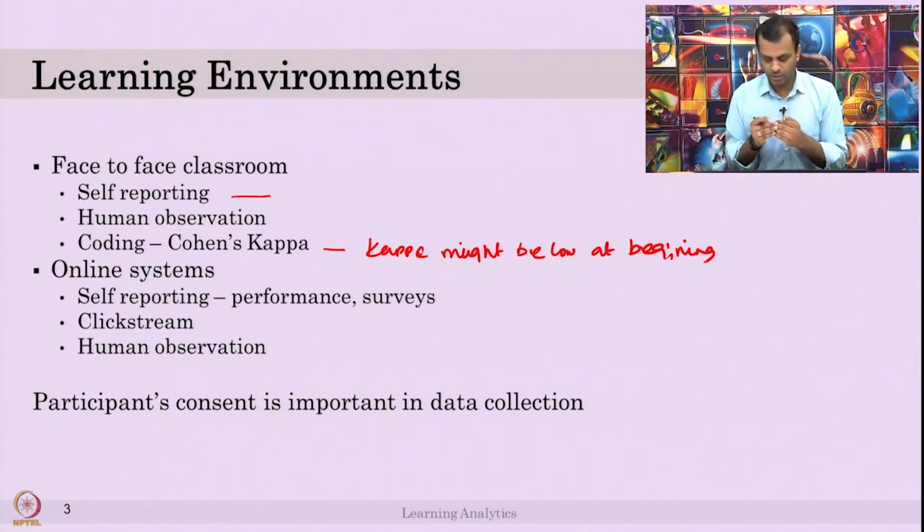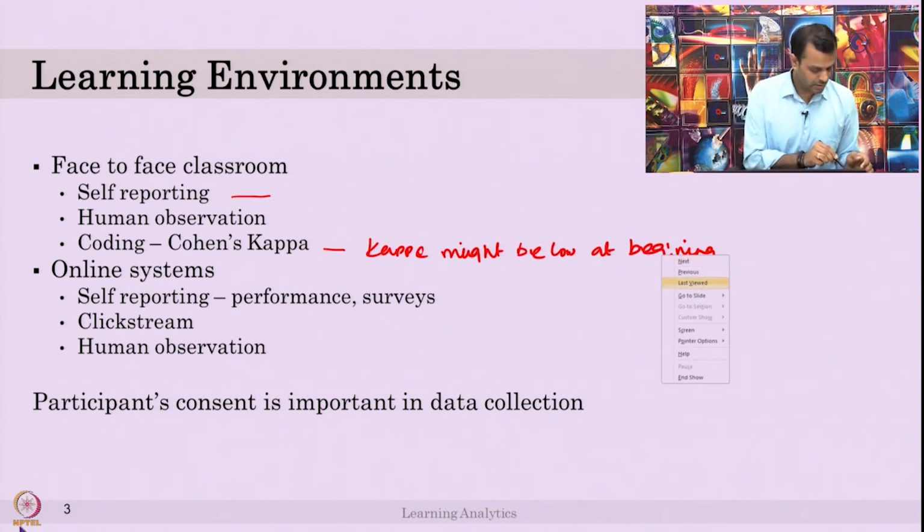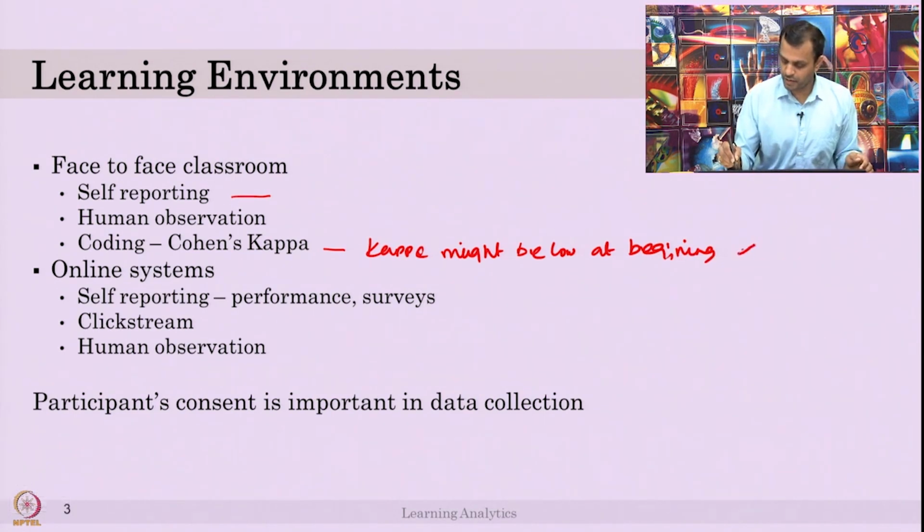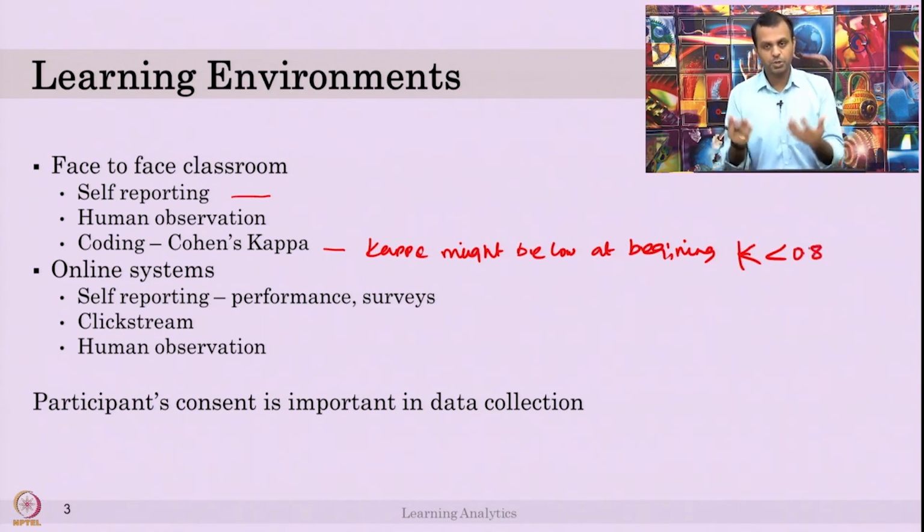If the kappa is less than say 0.8, discuss with the other observer where the mistakes were made, why he thought it was not engagement and you thought it was engagement, and why the other observer thought it was engaged. Discuss and resolve the conflicts, then redo the observation, of a new student or the same student for a new period of time.